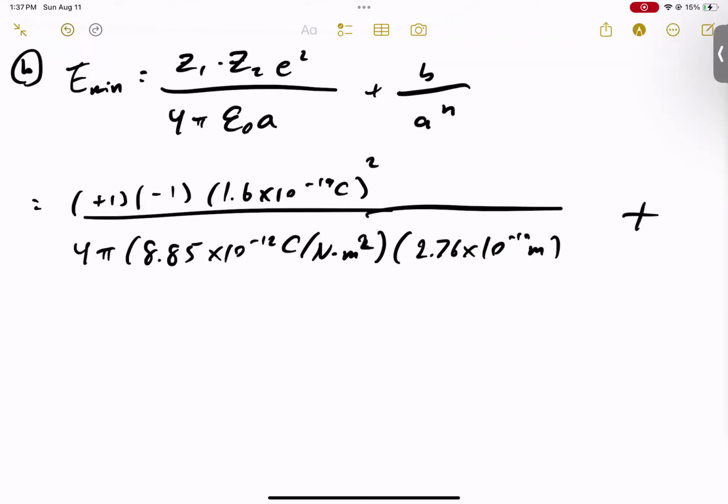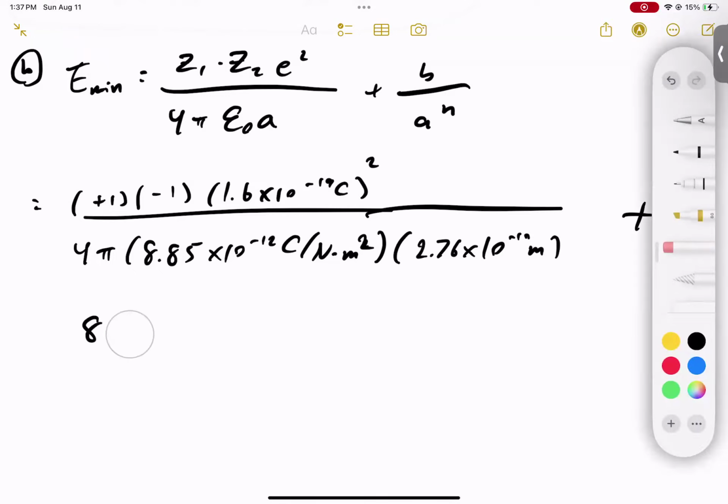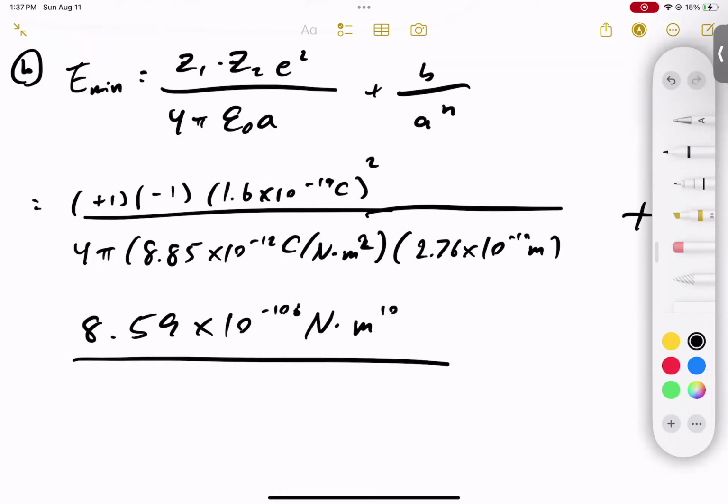And plus, I want to go down to the next line. The B value, 8.59 times 10 to the negative 106 newtons times meters raised to the 10th power, divided by the interionic distance raised to the 9th power, because n is equal to 9.